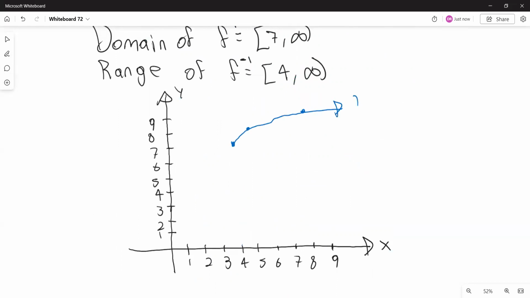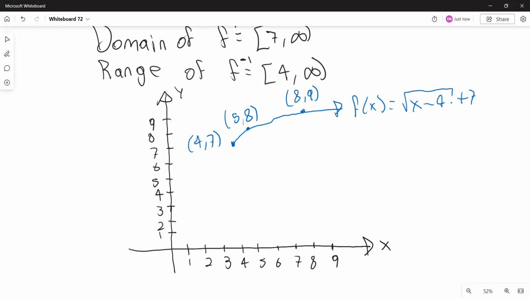This is the graph of the square root of x minus 4 plus 7, and the coordinates of the points we chose are 4, 7, 5, 8, and 8, 9.